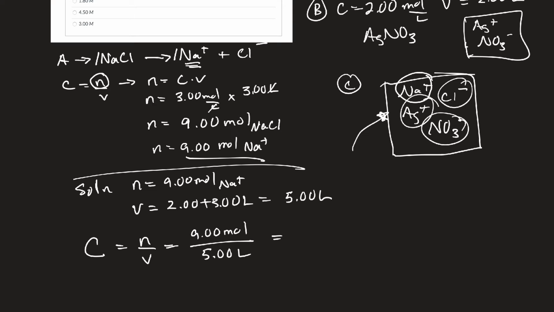So when I divide those, I think that comes out to 1.8. With 3 sig figs, I should have a 0 there. So that would be 1.80 moles per liter, or in the short form, 1.80 molar. Okay, so I'm going with that answer right there.